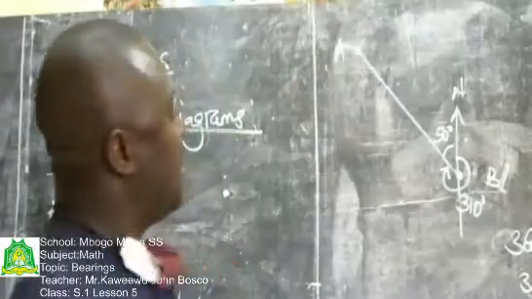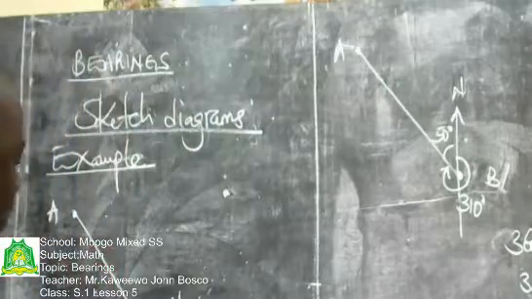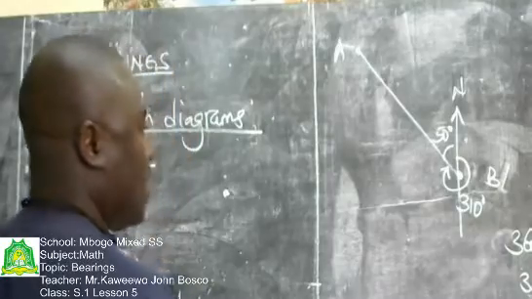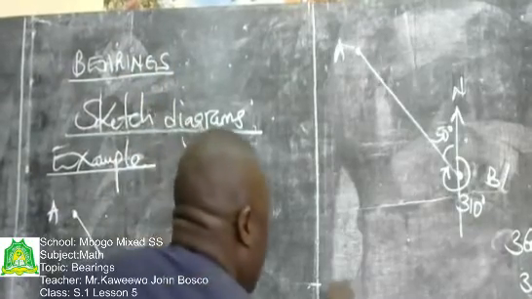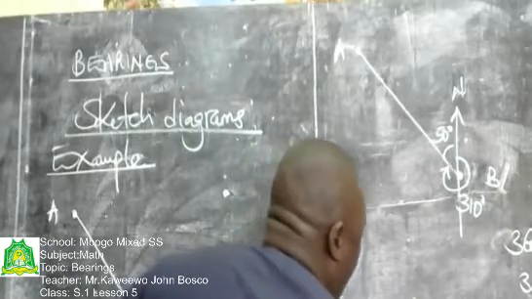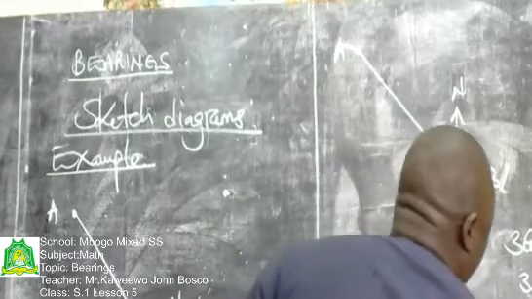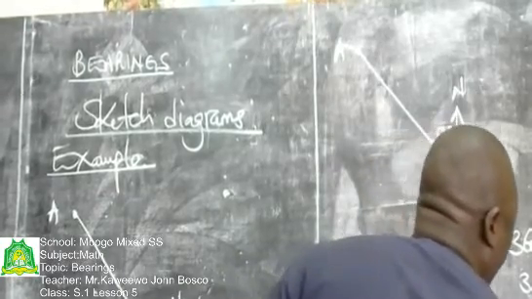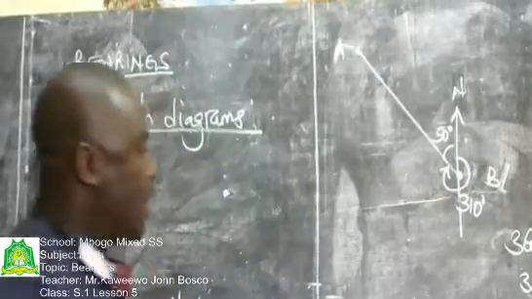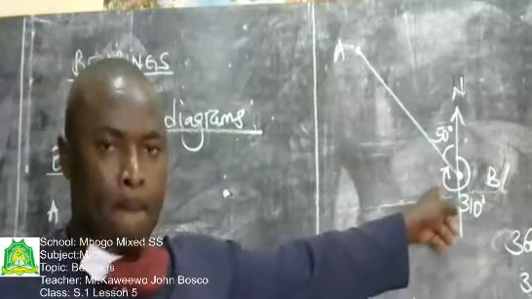So we shall now say that the bearing of A from B is 310 degrees. This is when you are using the three-figure bearings.